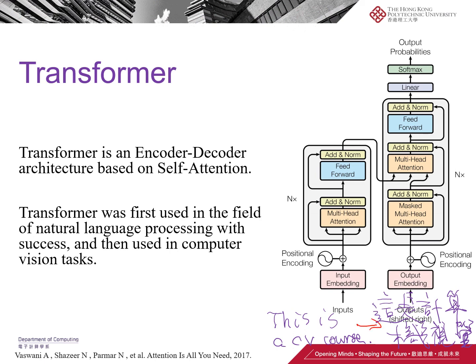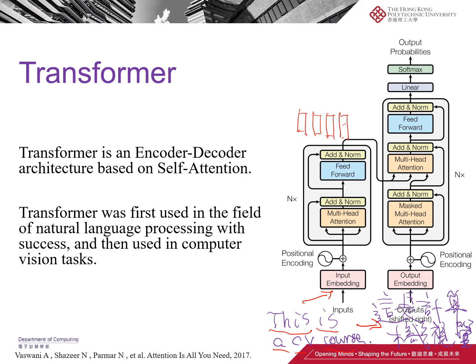So what transformer is doing is taking each of the words as a token, and like what we have shown previously, using the self-attention to generate a representation for each of those tokens. So finally, you will have a set of feature vectors as a token representation for each of those words.